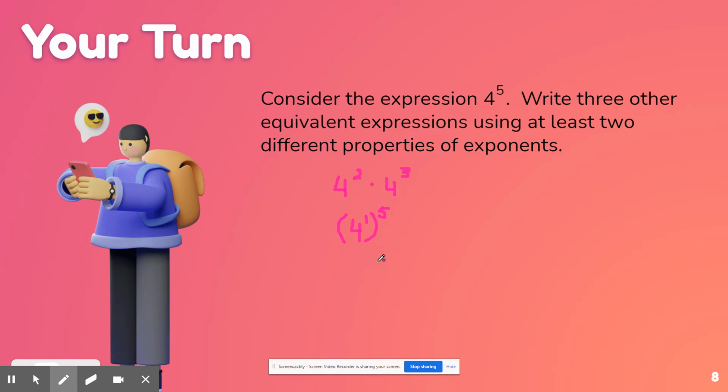You could totally do a variety of these. You could do 4 to the 2nd times 4 to the 2nd times 4 to the 1st. And we don't have to write the 1st, but as long as you come up with something that's the same as this, there's a bunch of different ones you could write for this. These are not the only three.